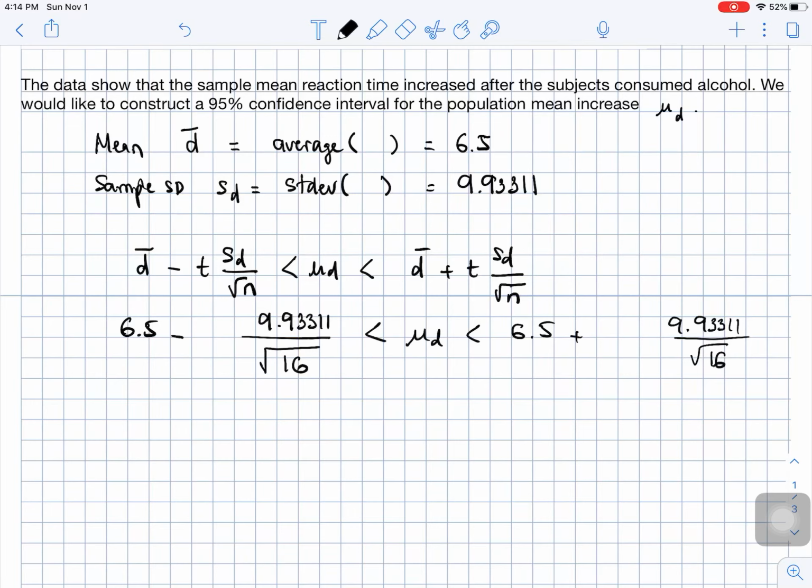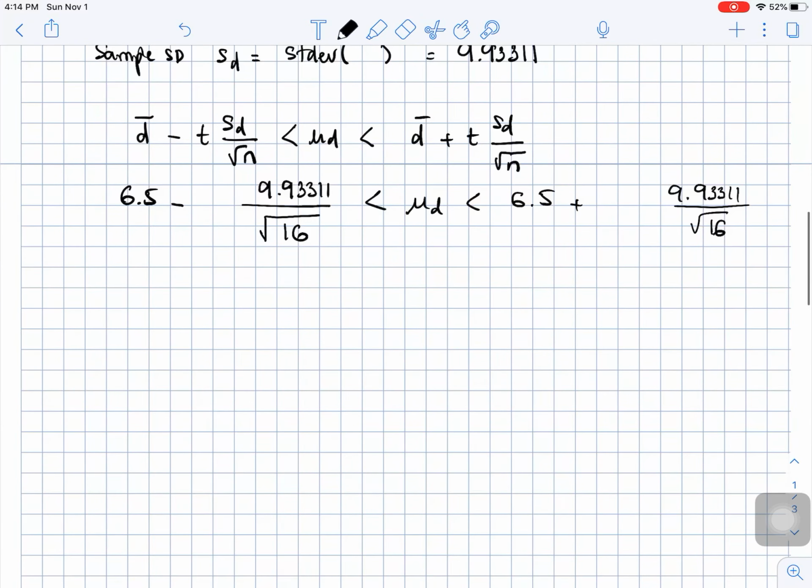We plug in D bar, which is 6.5, minus t, the critical value, which we will calculate using the confidence interval. In this case, we have 16 people, so n is 16.